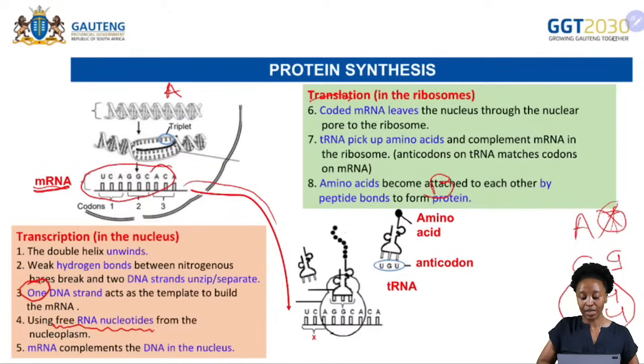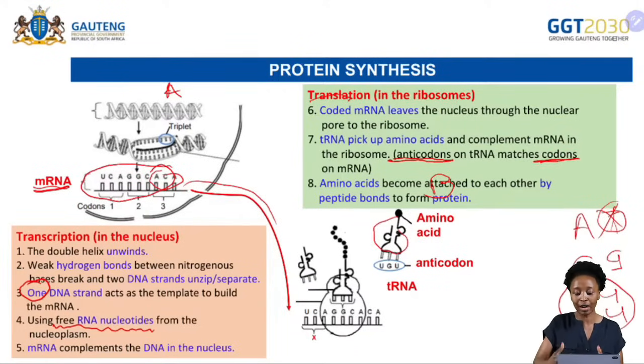In the ribosomes, when it gets there, now we have the tRNA. This is the tRNA. The tRNAs are going to bring the amino acids. When they do that, we look here at the bottom at the base triplets. The base triplets of the tRNA we call the anticodons, whereas the base triplets of the mRNA are called the codons.